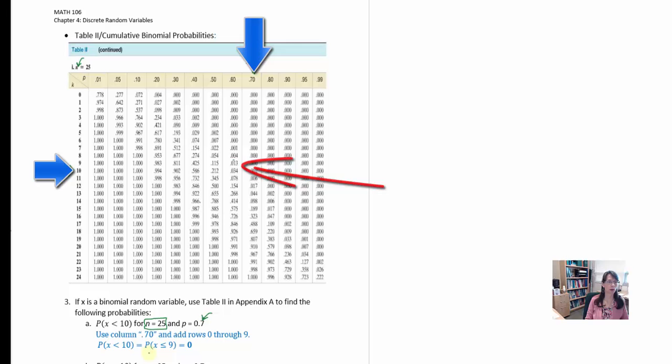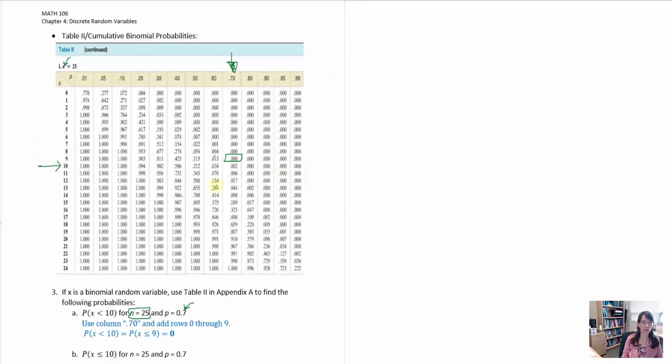So we're looking for the probability of x less or equal to 9, and because the table is cumulative sums, here's the cutoff. The cumulative sum of 0.000 is the probability of x less or equal to 9. That 0 comes from adding all of the previous values together.